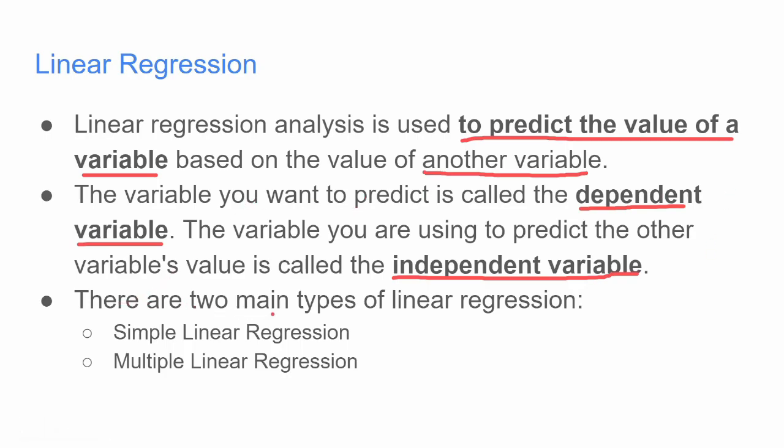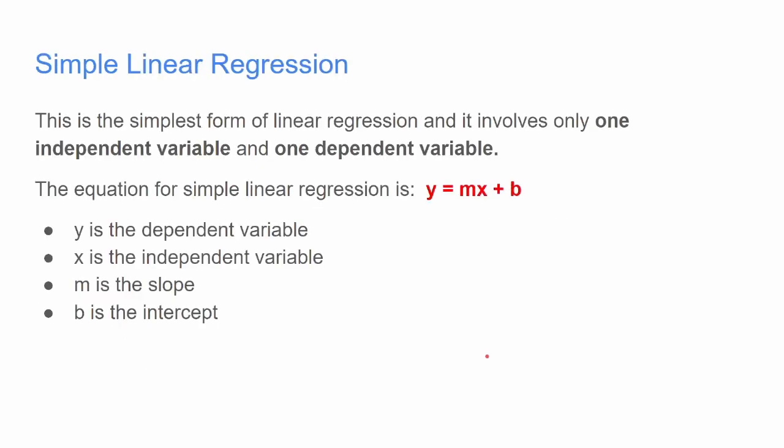So there are two main types of linear regression: simple linear regression and multiple linear regression. Simple linear regression is the simplest form of linear regression, and it involves only one independent variable and one dependent variable. Not more than that, only these two variables, and the equation for simple linear regression is y equals mx plus b.